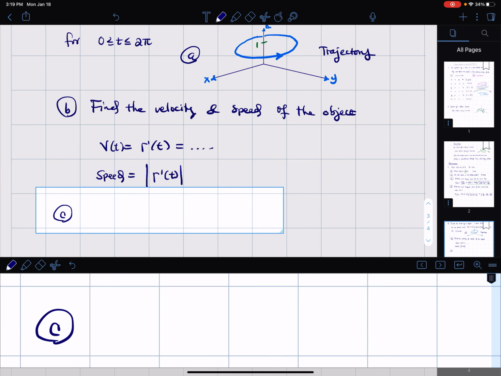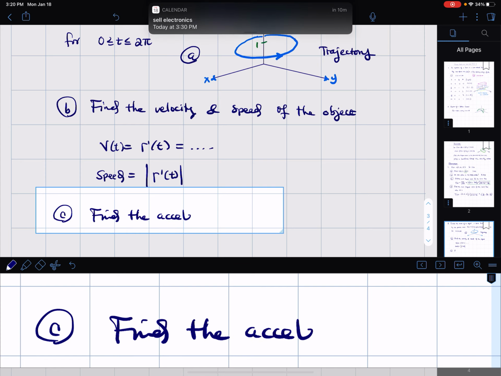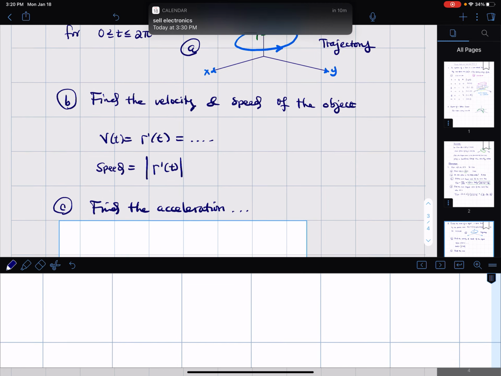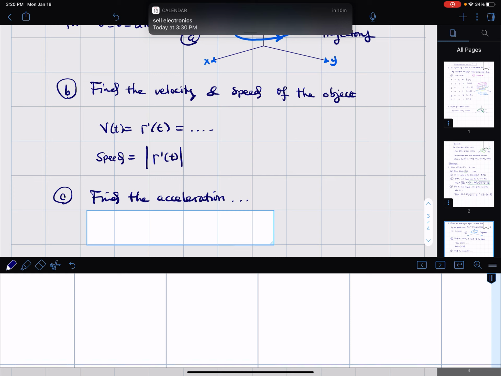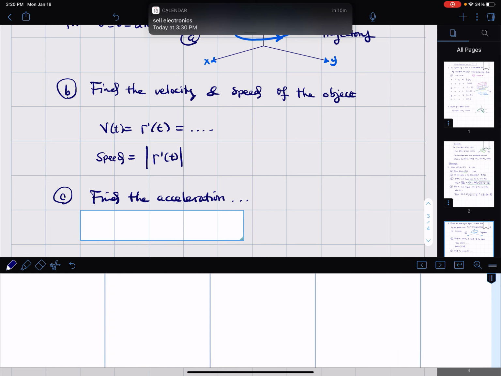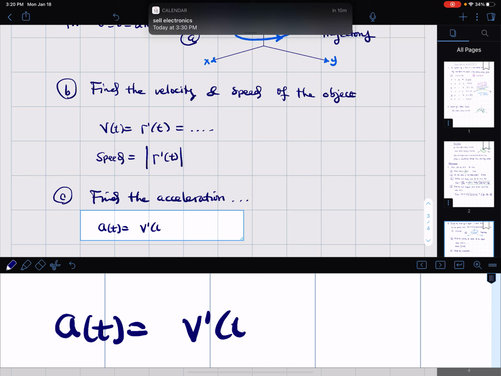All right. Let's find the acceleration of the object. So the acceleration of the object, a of t, is going to be v prime of t.